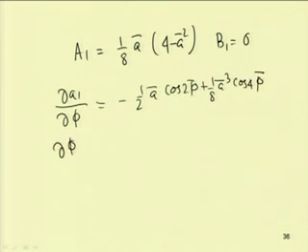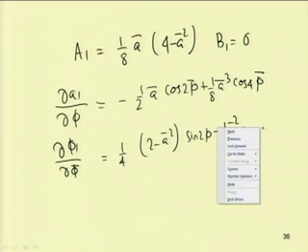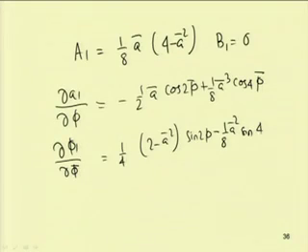Similarly, del phi1 by del phi bar will be equal to 1 by 4 (2 minus a bar square) sin 2 phi minus 1 by 8 a bar square sin 4 phi.